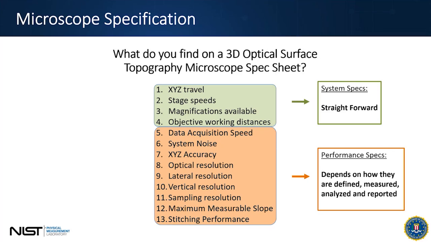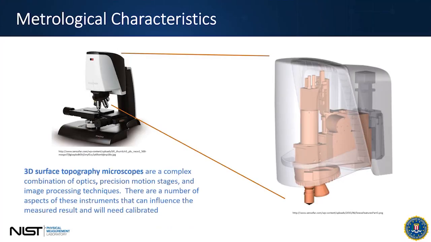So one of the things I'm going to do now is explain some of the different aspects of a 3D instrument that could have an effect on your measurements. We call these things metrological characteristics, meaning anything within that instrument that could affect your resulting 3D measurement, and potential error sources.